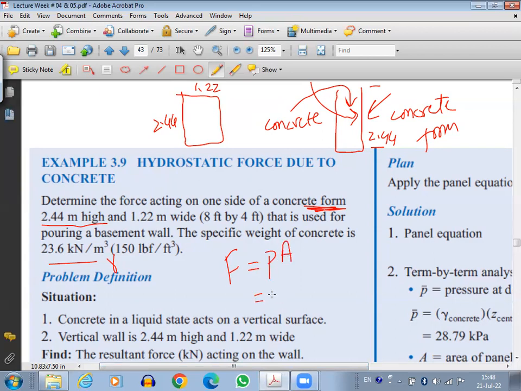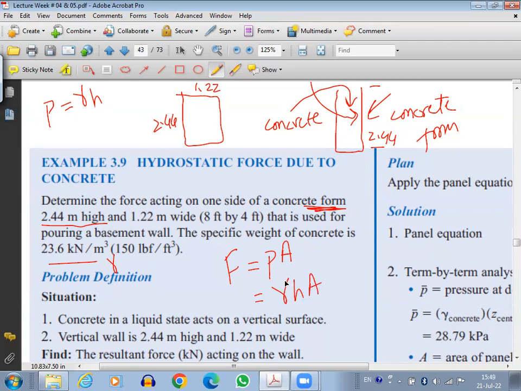The pressure we already studied is basically equal to rho g h or gamma h. So I'll write here gamma h into area.